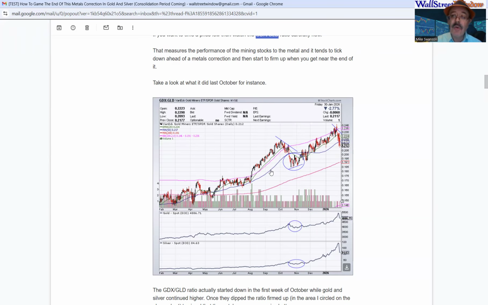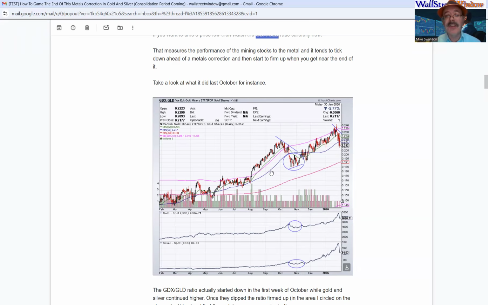Either way, you get a signal from this ratio that the mining stocks forecast a peak in the metals, and now they are forecasting an end of the correction on a price basis.